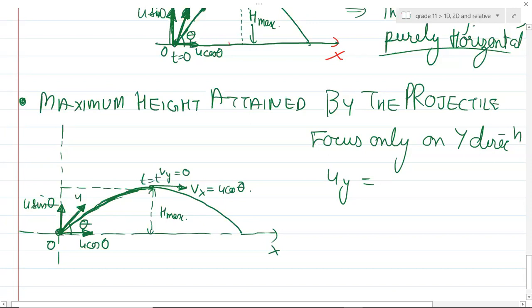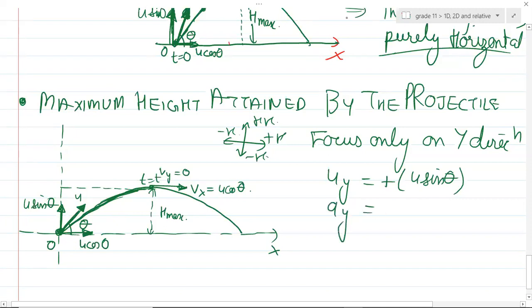Can you tell me what the initial velocity is? Plus u sine theta.